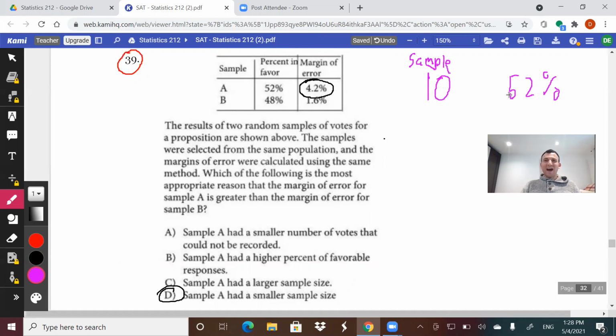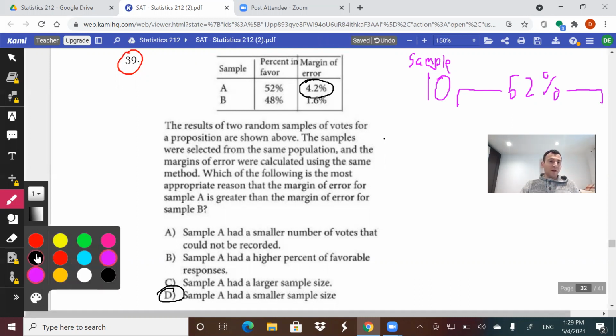If this sample of 10 is meant to represent a population of, let's say, 1 million, I really don't know if my 52% is representative of what would happen if I asked everyone. So if I don't ask that many people, I'm going to have a large margin of error. I'm going to say that the actual number could be far out from what I actually got.